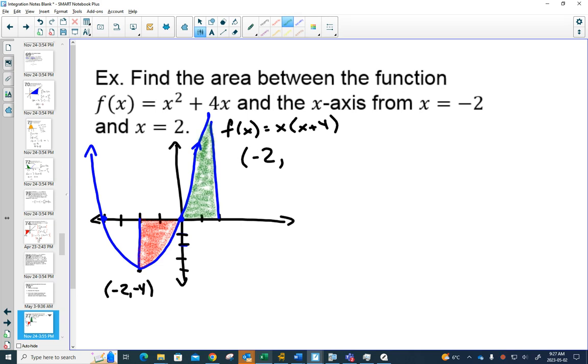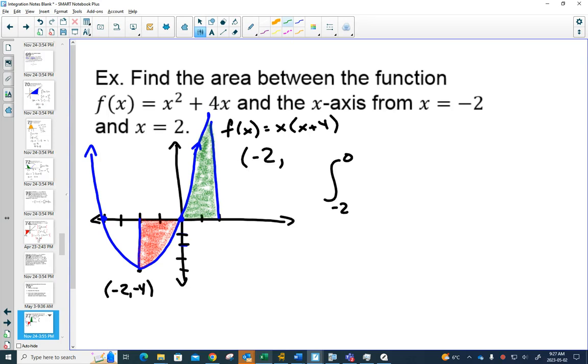And so as far as finding my integral, if I want to find the area that is between the function and the x-axis, I need to add the green and the red together, and I need both of them to be positive numbers. But when I find my integral, it's going to calculate the red part as negative. So setting this question up, I'm going to find my integral from -2 to 0.